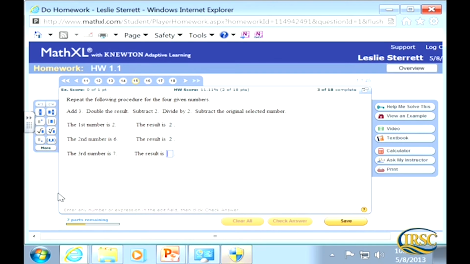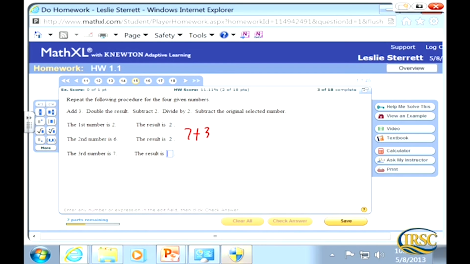So what is 7 plus 3? 10, times 2, 20, minus 2, divided by 2, and then subtract the original number, which was 7, and we get 2. Okay, do you notice a pattern so far?